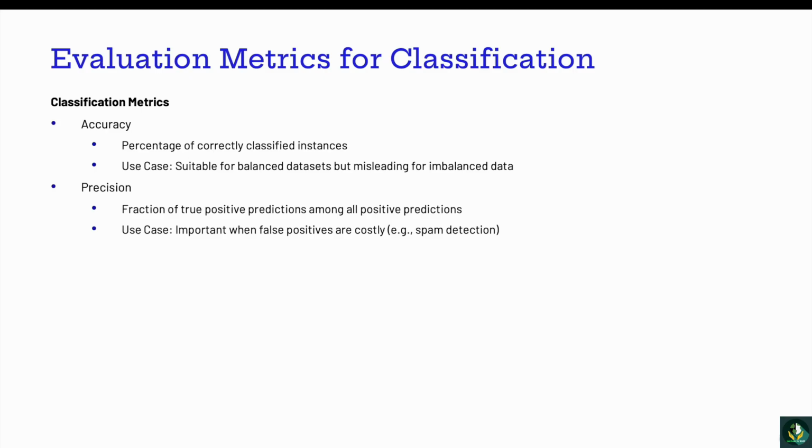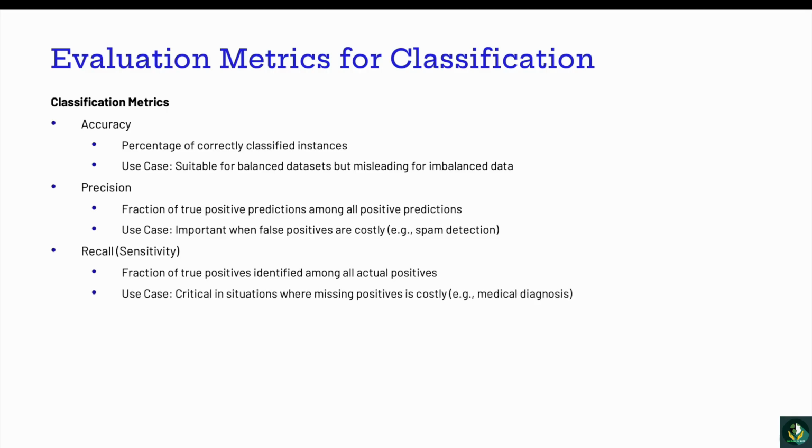Example, spam detection. Then we have recall, also called sensitivity, which is the fraction of true positives identified among all actual positives. So it's true positives divided by true positives plus false negatives. And the use case for this is critical in situations where missing positives is costly. Example can be medical diagnosis.